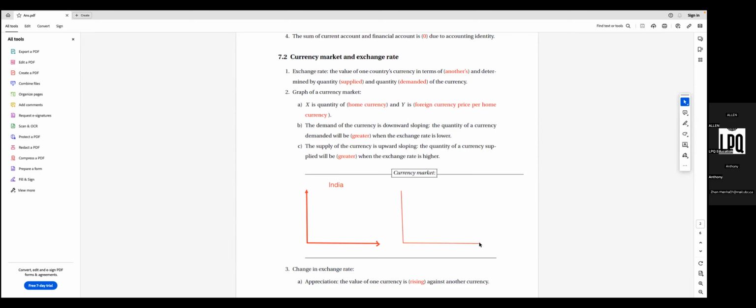You can have two different perspectives to understand this currency market. From the Indian perspective, imagine we are Indians, so the left-hand side is for Indians. As Indians, how do we understand the market between us and the Americans?